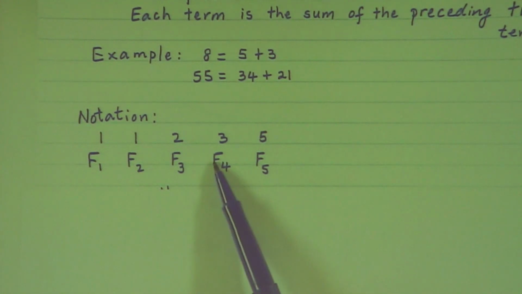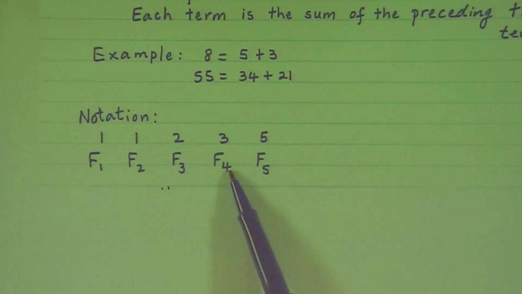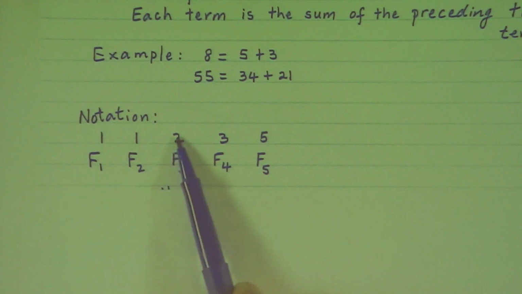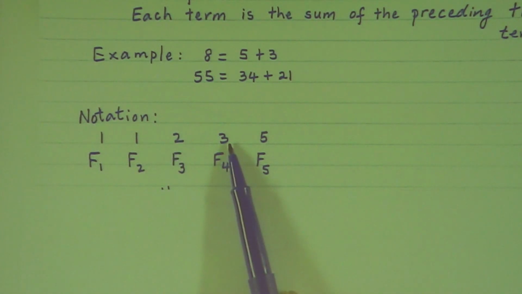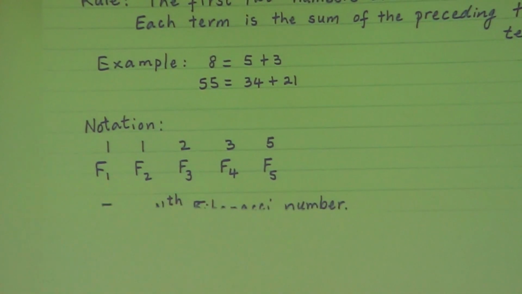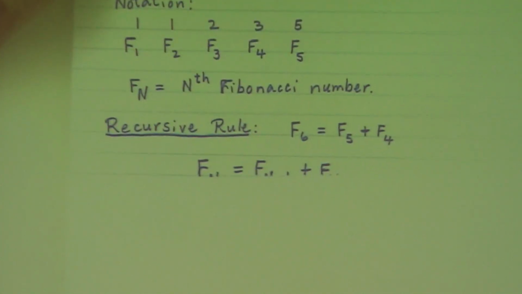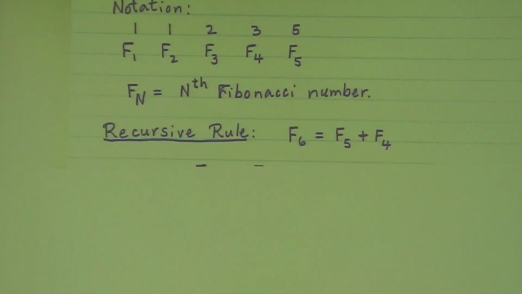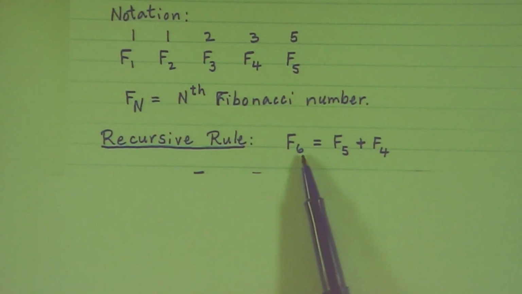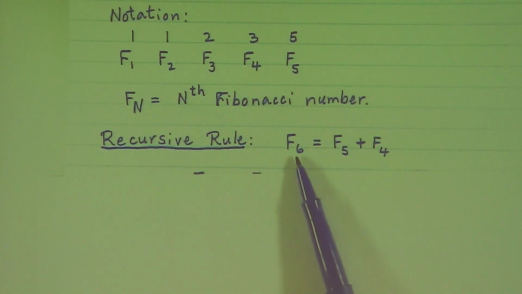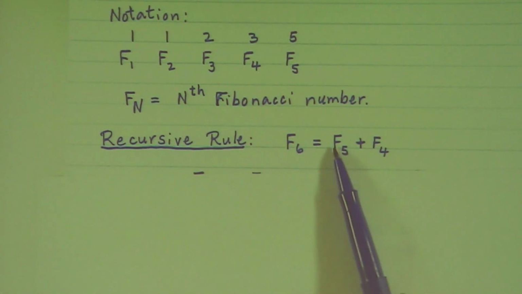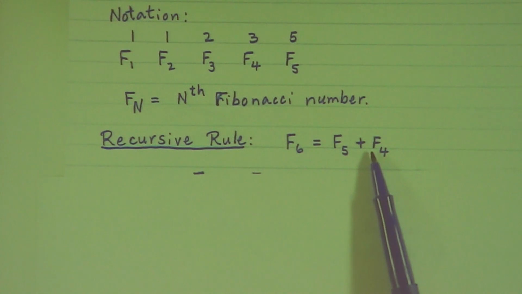So when you see F subscript 4, it means 1, 2, 3, the 4th Fibonacci number. As we said, if you want the 6th Fibonacci number, you add the 5th and the 4th. This is called a recursive rule.